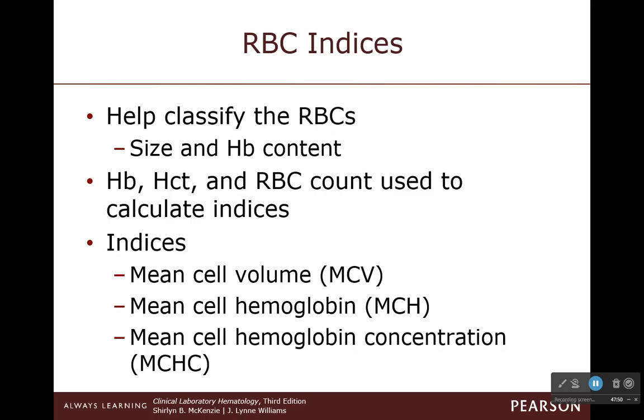MCV normal is 80 to 100 femtoliters. If it is 80 to 100 femtoliters, it is known as a normocyte.